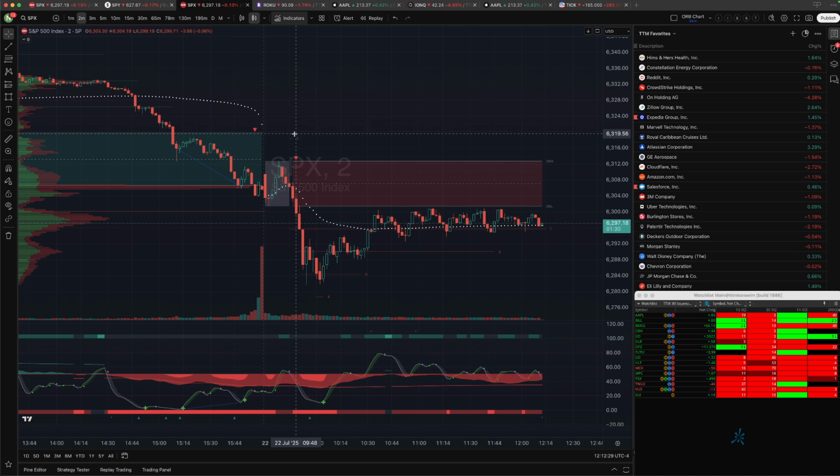Any other questions? Would it be safer to move the credit side of the trade to out of the money by 5 points?